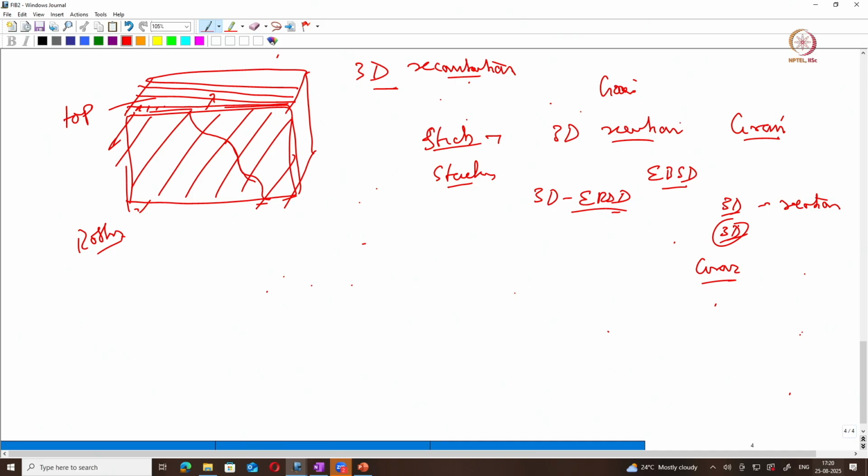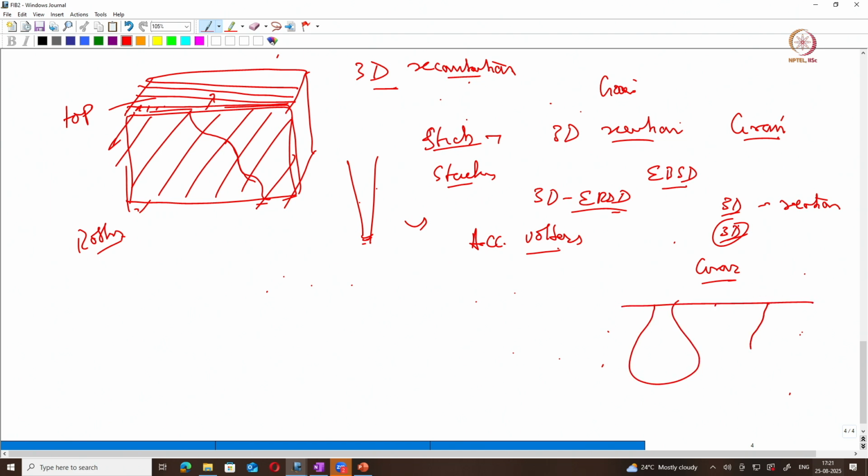So needless to say, the beam which is falling on the sample surface also directly depends upon your accelerating voltage. Okay, as in the electron microscopes, you have an interaction volume based on the voltage, correct? As your voltage decreases, your interaction volume also reduces. This is your sample surface. So this is your electron interaction volume.